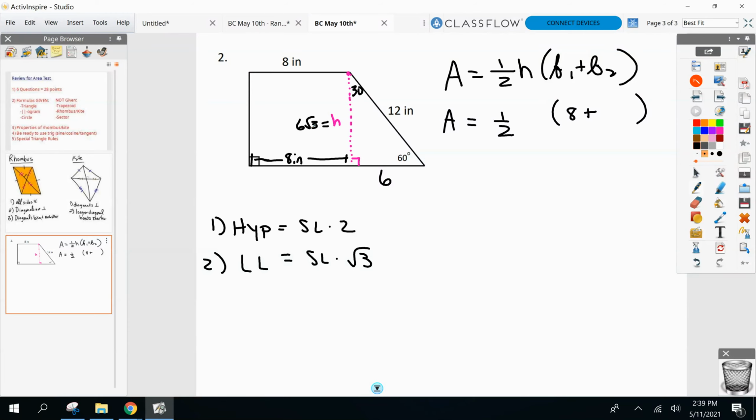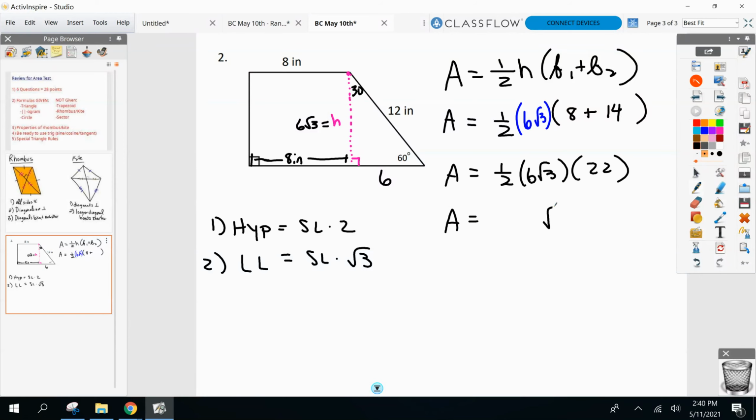Go back to your formula. Height, 6 radical 3. Other base, 8 plus 6, 14. The direction said simplest radical form, so let's clean this up a little bit. That's 22. When I ask for simplest radical form, you can multiply anything you want here, but leave the radical 3 in your answer because that'll be simplest radical form.